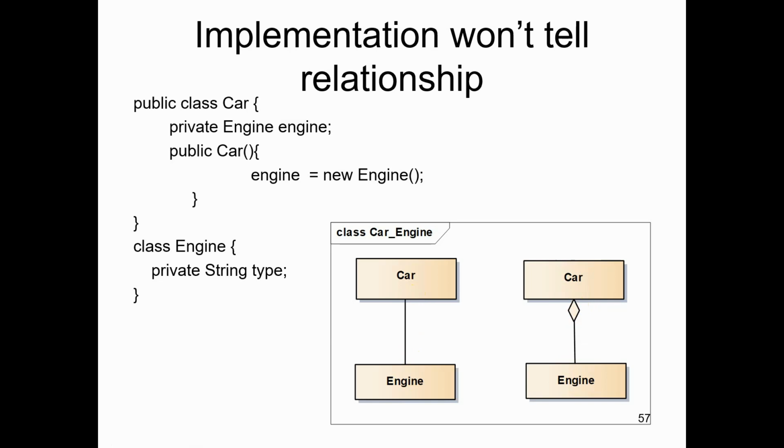But if you give this code to Enterprise Architect and ask it to generate the UML class diagram, it will generate the car and engine as an association. It won't tell you they're actually an aggregation.